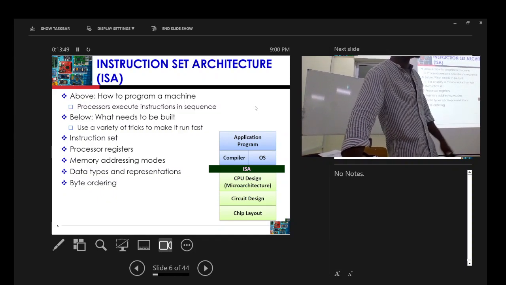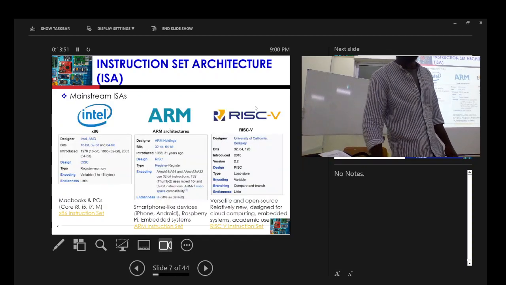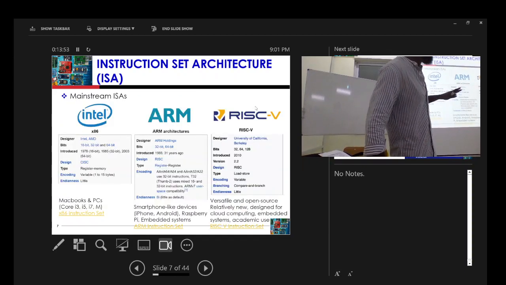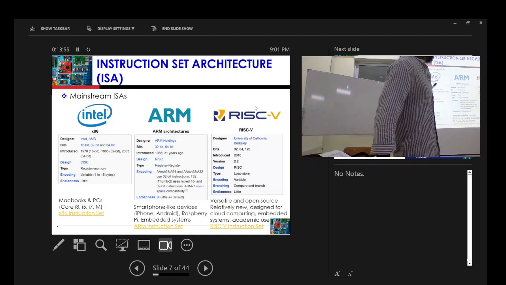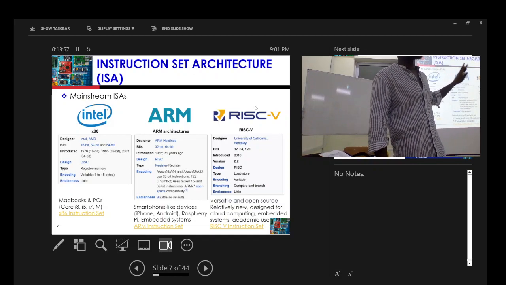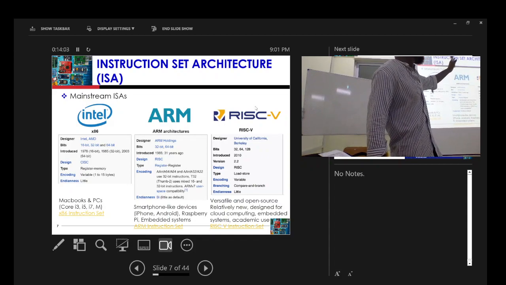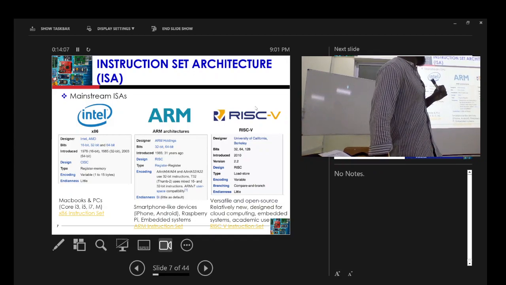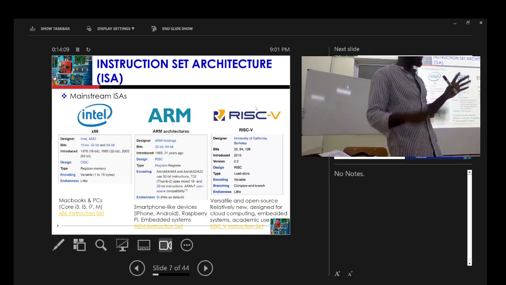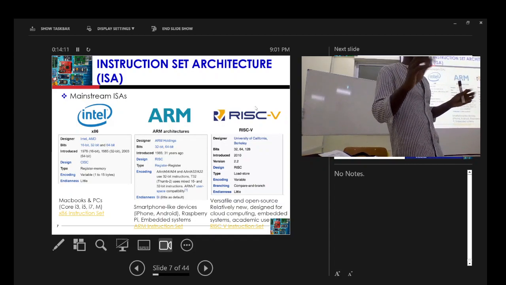You won't go into the chip layout, right? So these are the mainstream ISAs we have. I talked about the Intel ISA, the ARM, and then the RISC-V. Each of them has the same components inside it, as I said, but a different architecture, right?